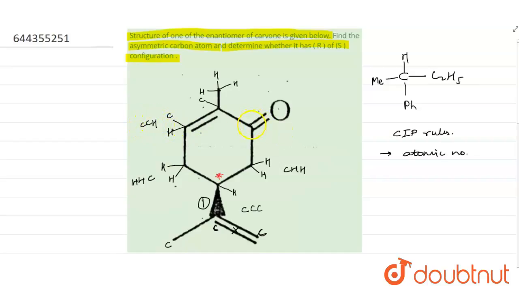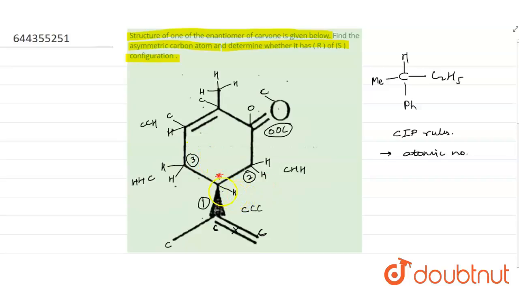But here this bond will break and this particular side will get O and this particular side will get C. Okay, so it will become O and C. So in between these two groups, this particular side will get the priority. So here this particular bond will get the second priority and this side will get the third priority.